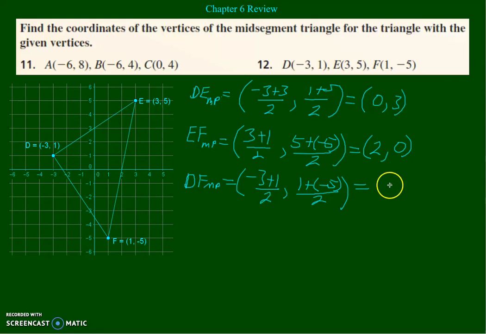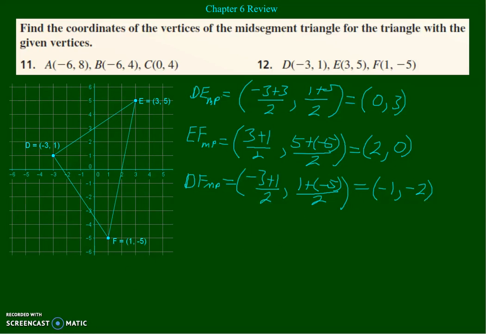Which gives us -3 plus 1 is -2, divided by 2 is -1, and 1 plus -5 is -4. -4 divided by 2 is -2. And so those are our coordinates.